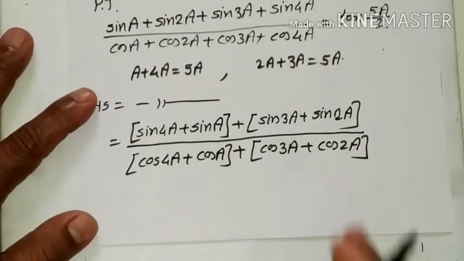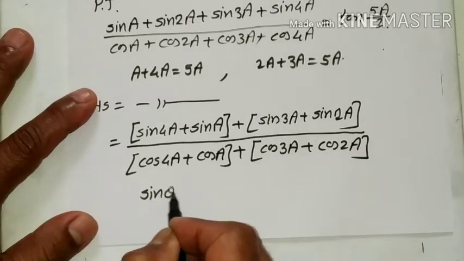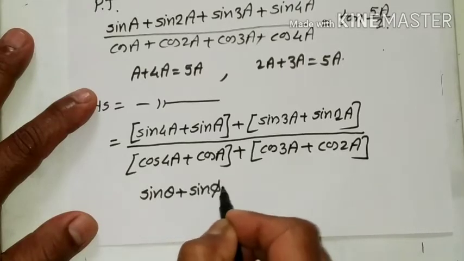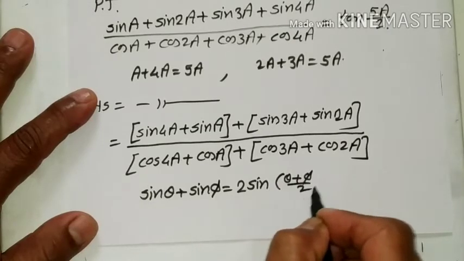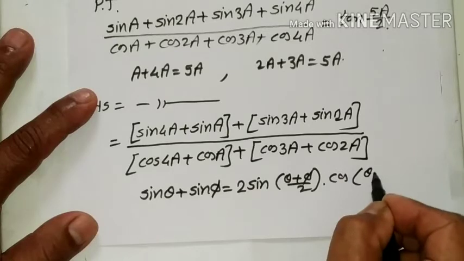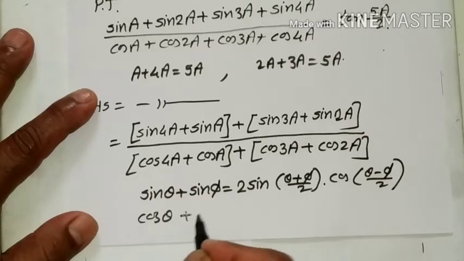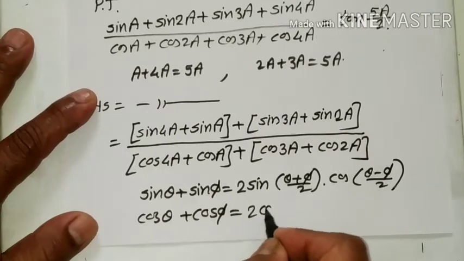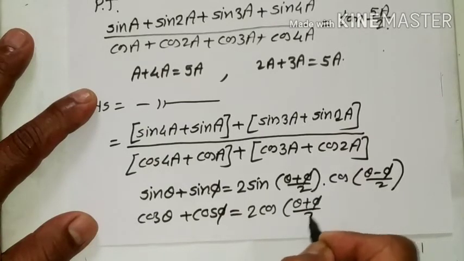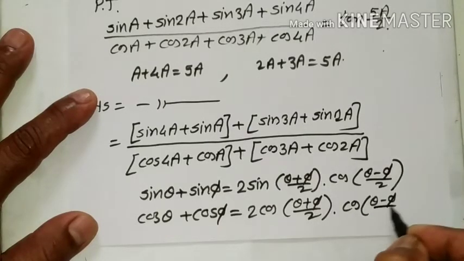Then using factorization formulae, sin theta plus sin phi is equal to 2 sin((theta plus phi) upon 2) into cos((theta minus phi) upon 2), and cos theta plus cos phi is equal to 2 cos((theta plus phi) upon 2) into cos((theta minus phi) upon 2).